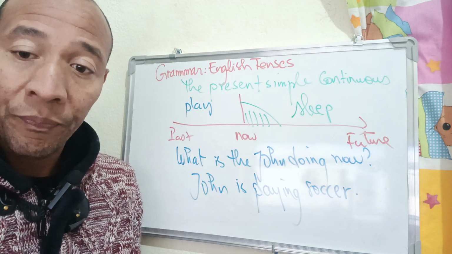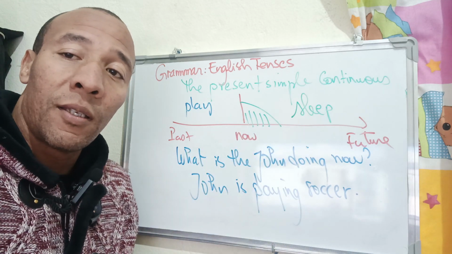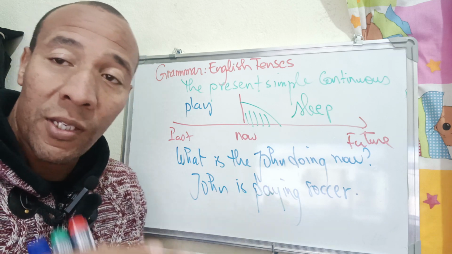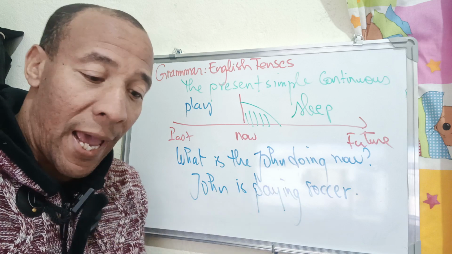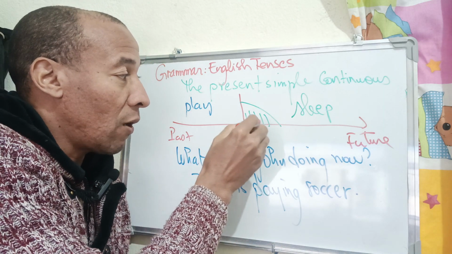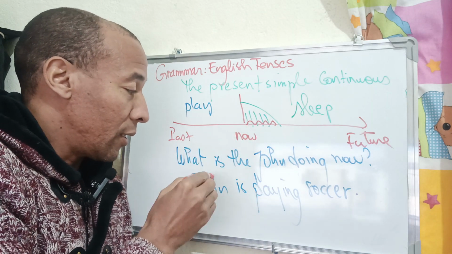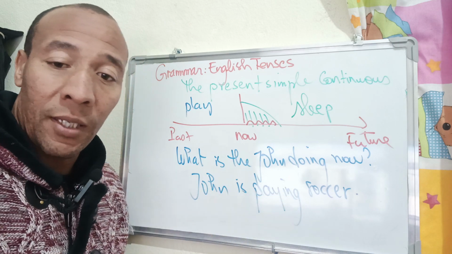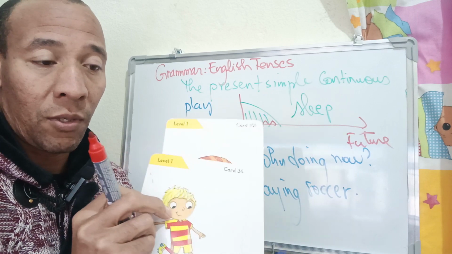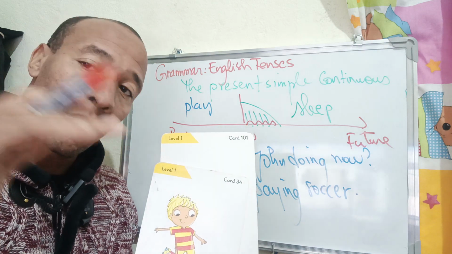So, here, the present continuous is used, or we use it to describe an ongoing action. So here it's an ongoing action. The action here is ongoing, right? تلاحظوا ملي كنقولوا John is sleeping or the cat is sleeping or John is playing, كنوصفوا واحد الحدث اللي كنشوف فيه دابا وغادي، يعني continuous مستمر.